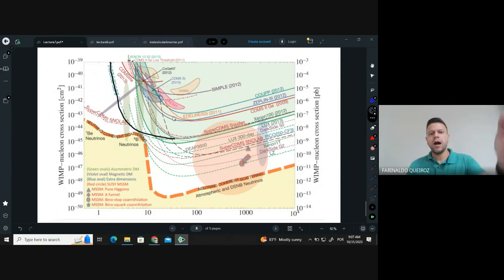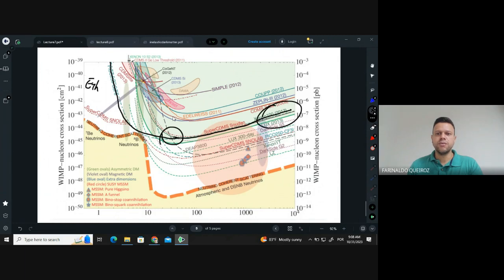They rise up for low dark matter masses, then they have a dip, and then rise again linearly with 1 over mass. The rise at low masses has to do with the energy threshold, with kinetic arguments, the reduced mass between the dark matter particle and the nucleus.